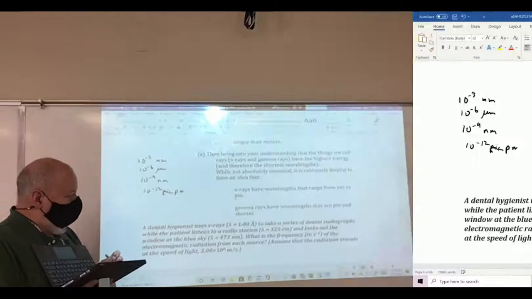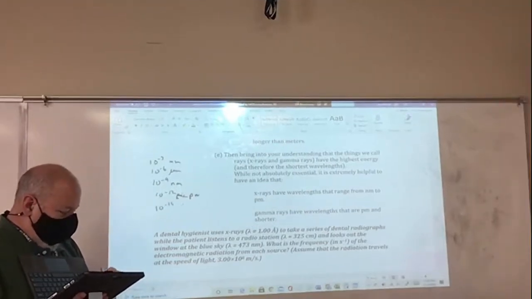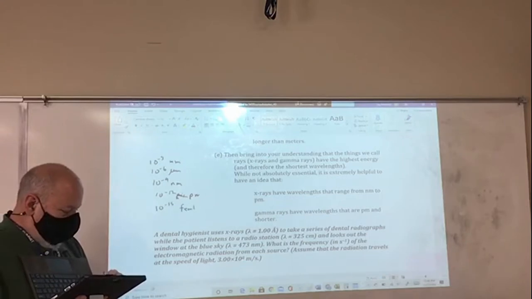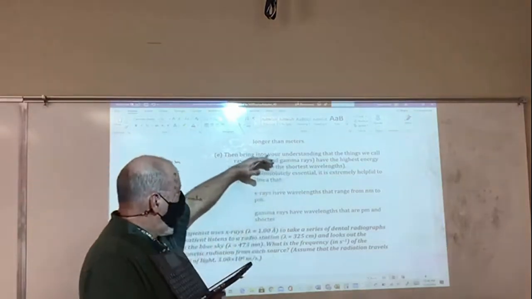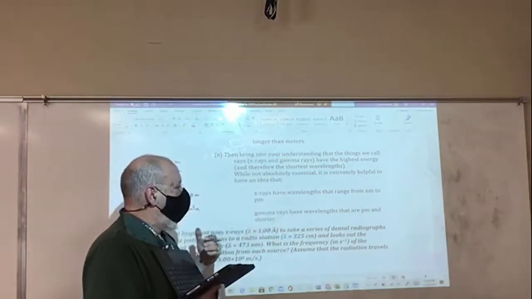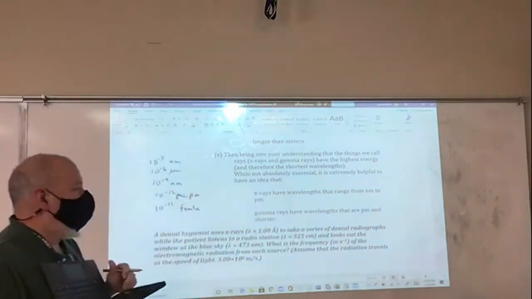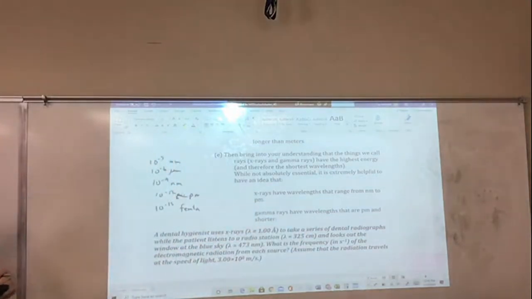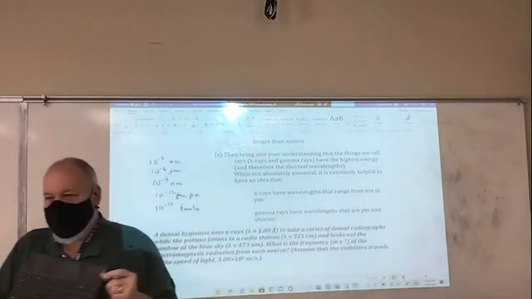And then if we go to 10 to the negative 15th, that's femtometers. Okay, so X-rays range from nanometers to picometers, and then gamma rays have wavelengths that are shorter than picometers. And recognize this is a billionth of a meter.